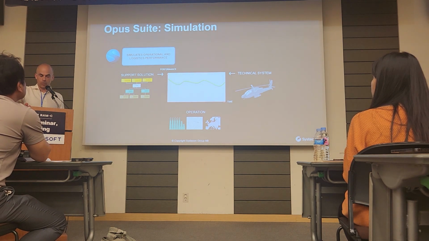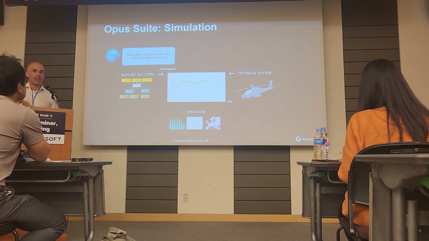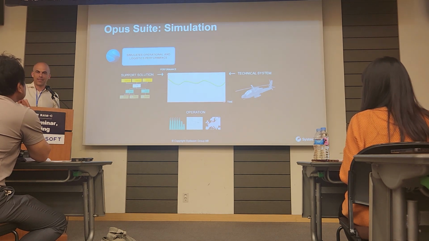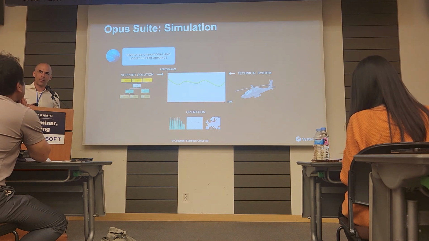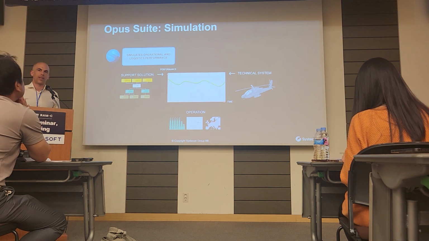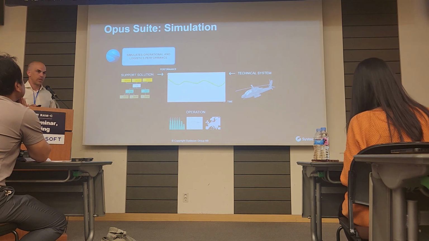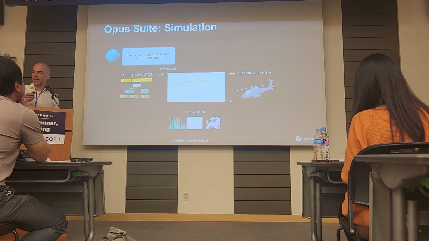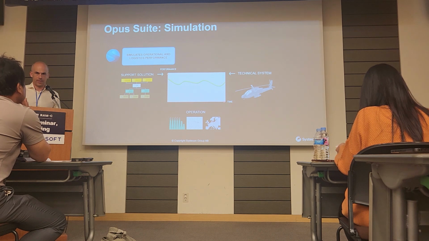SIMLOX, a simulation tool, is in the same world as OPUS 10, but with the difference that now we are taking this deterministic steady-state model and watching how it operates in a dynamic context. SIMLOX does not optimize, it simulates. So we see, is this strategy sustainable over time? Which are the bottlenecks that can appear?